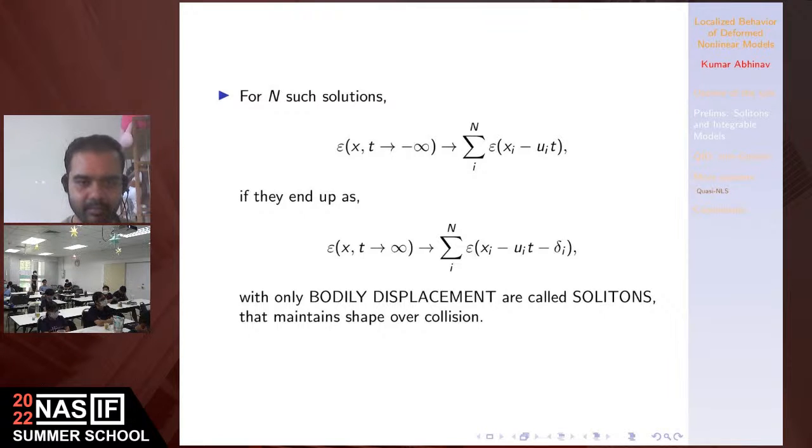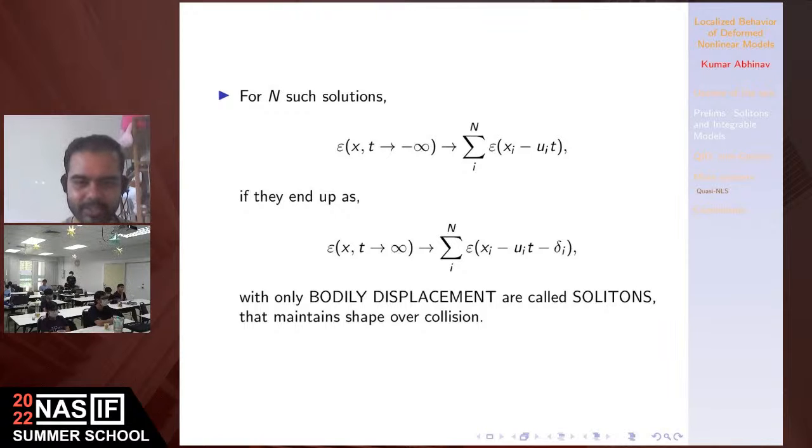And they were distributed like that independently, say at time t equal to minus infinity, long past. And if you get a situation where in the long future, at t going to positive infinity, you have a similar kind of energy clumping, but maybe this delta i means a constant shift in the argument, so it's actually a phase shift.